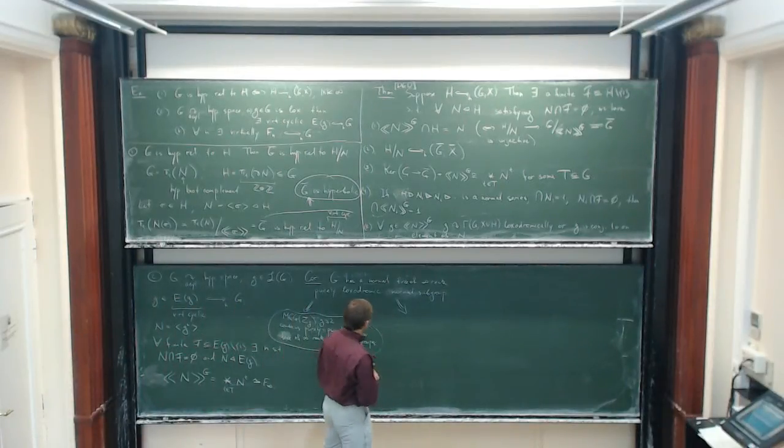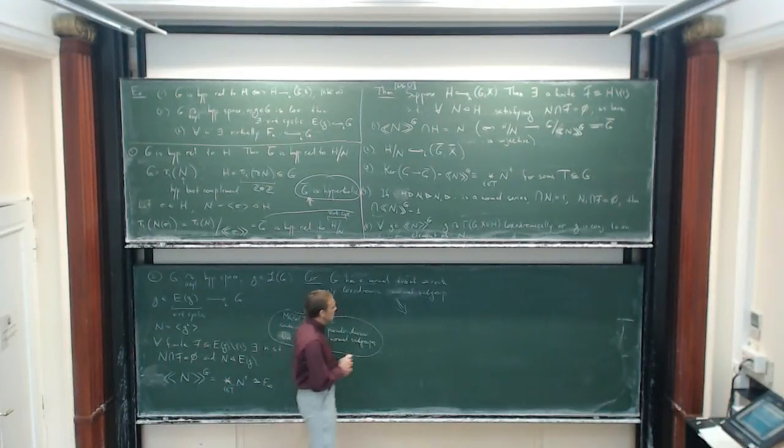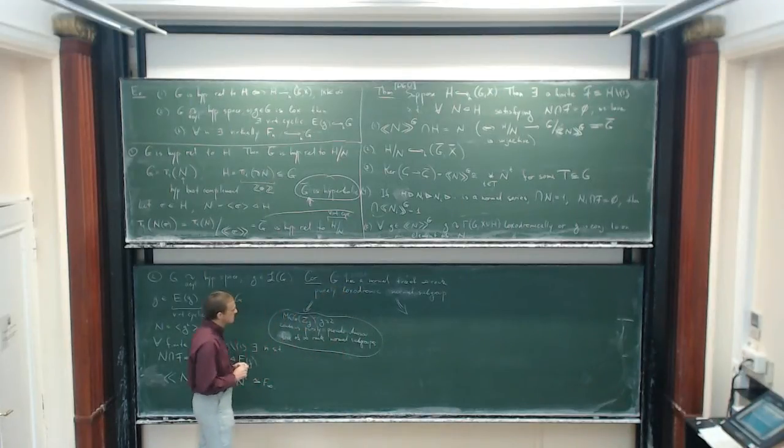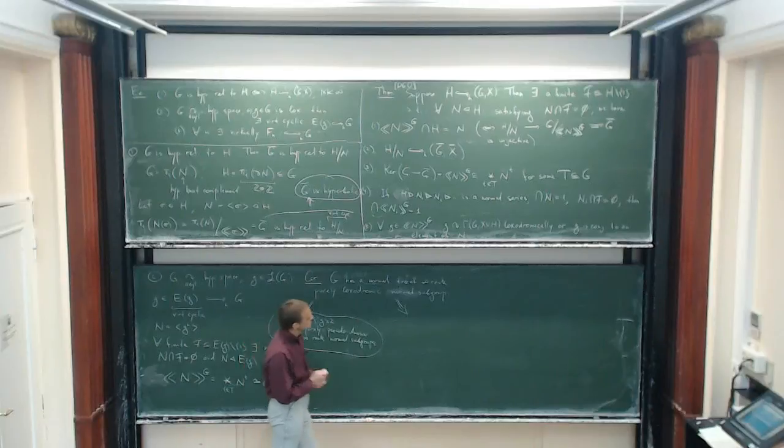But I don't want to talk about the definition of that. For those who are interested, I can explain why it is true. It's just a very easy consequence of this corollary and one result about free groups.